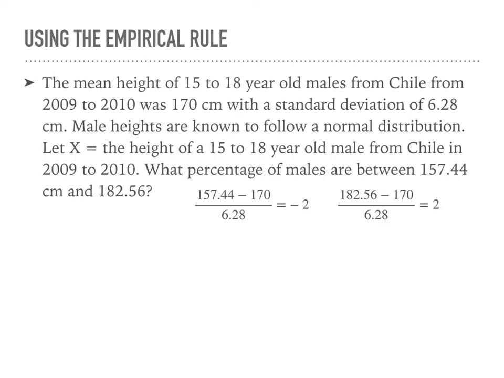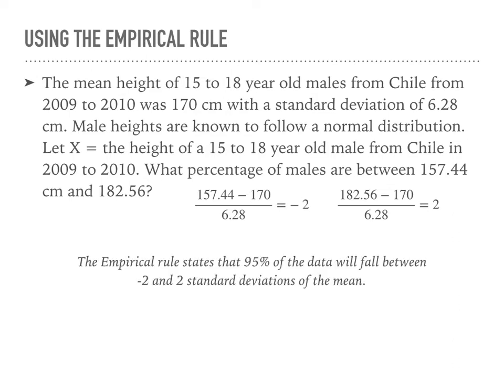Finding the z-score of the other data value, we find that it is +2. So the empirical rule says that about 95% of the data will fall between -2 and 2 standard deviations of the mean. So that means about 95% of males are between 157.44 centimeters and 182.56 centimeters.